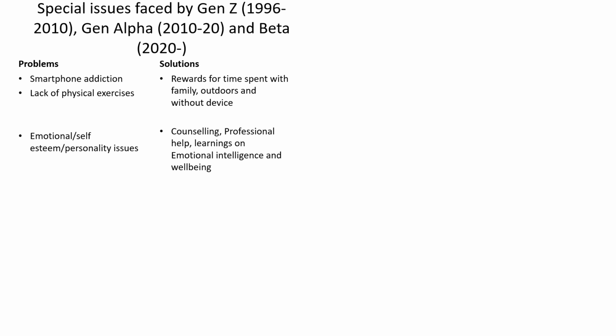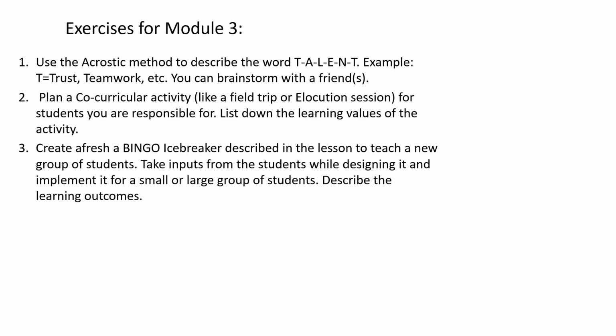So the parents have to set the reward system in the family and try to reduce the problems through rewarding time off device. The problem of emotional self-esteem and personality issues is solved through counseling, professional help, and learning on emotional intelligence and well-being. So here are some exercises for module 3.